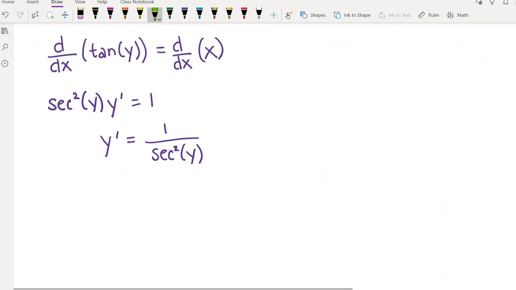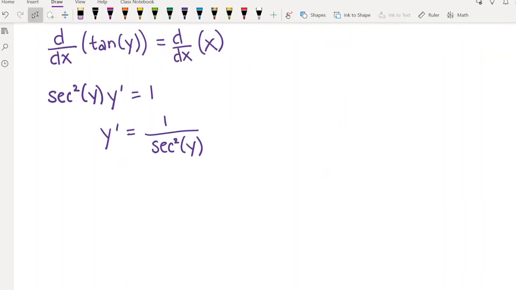So there's another Pythagorean identity that you can get from the same one that we wrote at the top. We need to translate this to basically tangent.